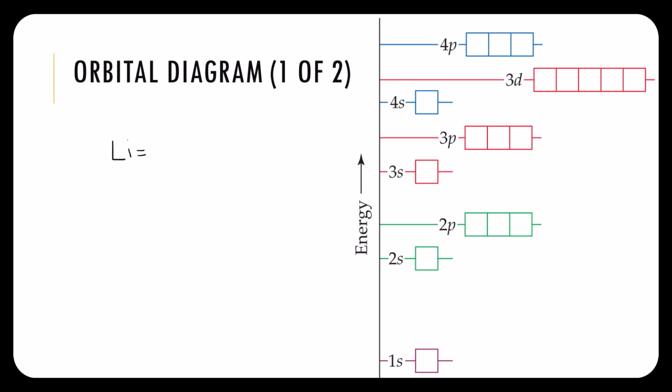The example that we're going to look at is lithium. Before we can look at lithium and how electrons file in, we need to first know how many electrons are in lithium to begin with. So if you don't have one in front of you, go ahead and grab a periodic table. Looking at the periodic table, I see that lithium is the 3rd element.